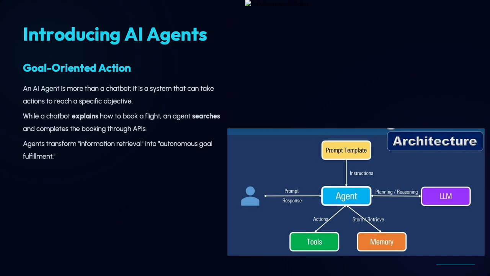It can give us information about which flights are available and how to book them, but it won't actually book for you. That's where the agent comes into the picture. An agent can search for flights, pick an option based upon your rules, and go and complete the booking on your behalf. So an agent is not only information retrieval, it will actually fulfill your goal.